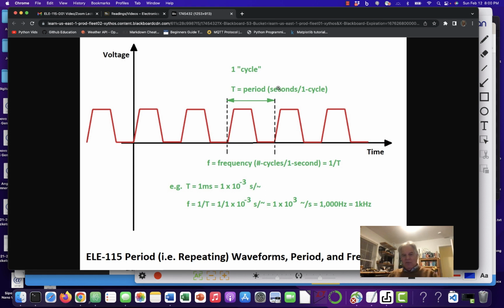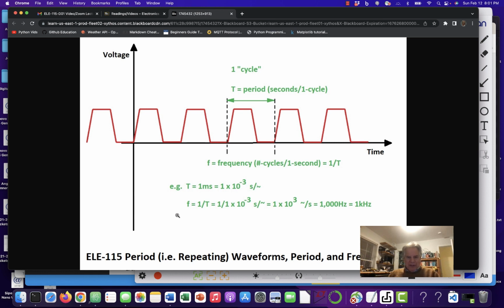This is very often minuscule fractions of a second, because we're very often talking about the frequency being a number of cycles in 1 second. So seconds per cycle, cycles per second, there's a reciprocal relationship, and of course the frequency is equal to 1 over the period, capital T, and vice versa, the period is equal to 1 over the frequency.